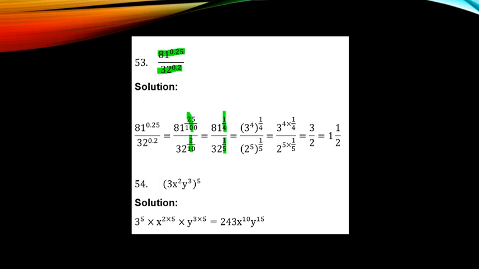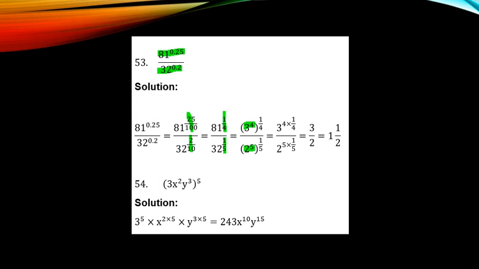To take away the 4th root, you express 81 such that the power is 4, that is 3 power 4. To take away the 5th root, you express 32 such that the power is 5, that is 2 power 5.